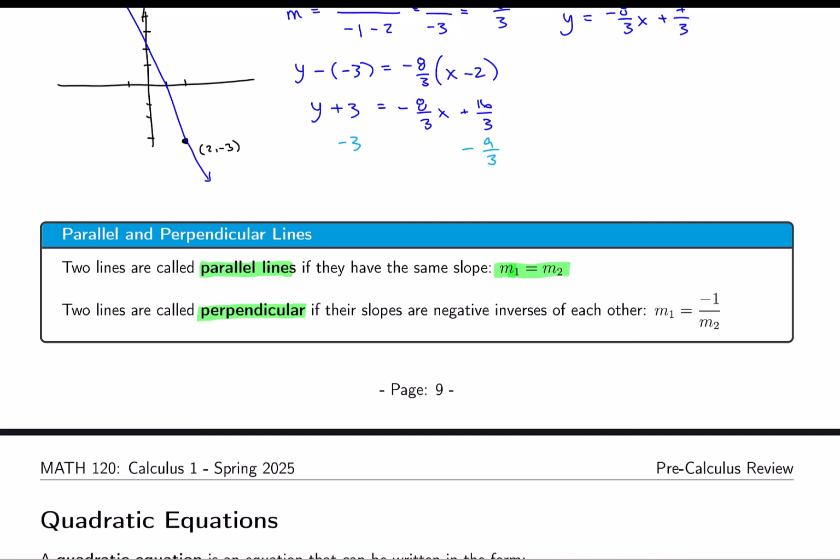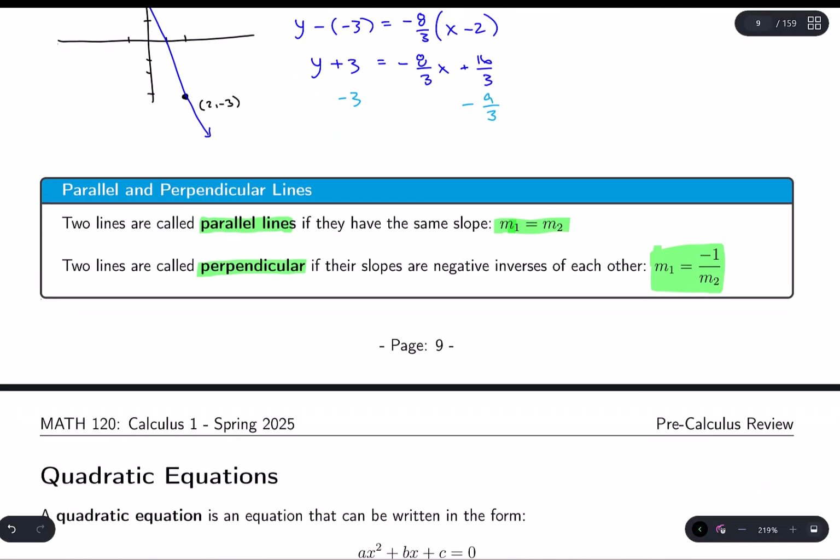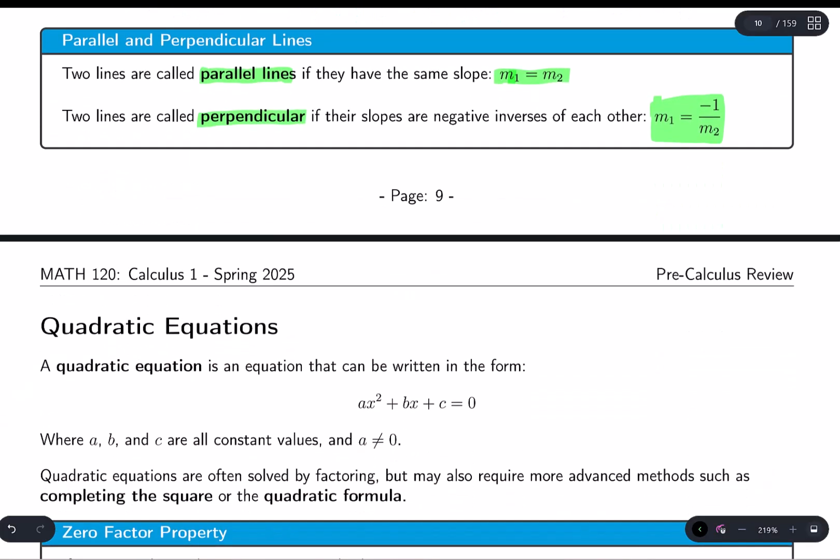You can do that with trigonometry, but I'm not going to go through the details. It suffices to know that if your slopes are negative inverses of each other, then you have perpendicular lines. So that's just a good fact to remember there. All right, that's everything that you would really need to know about linear equations.